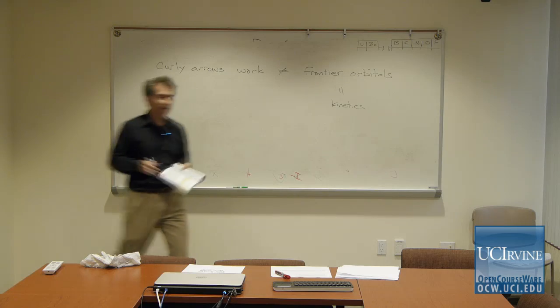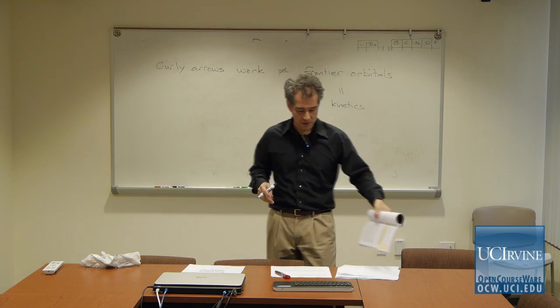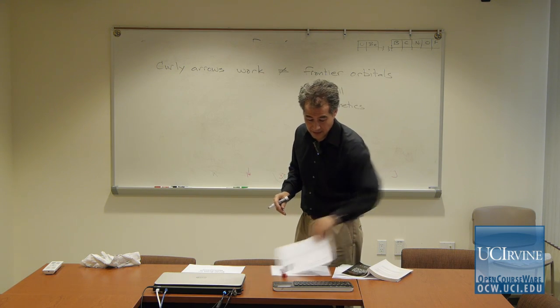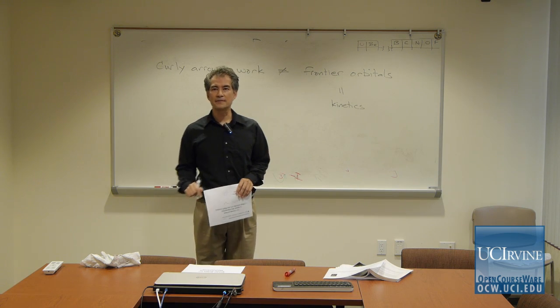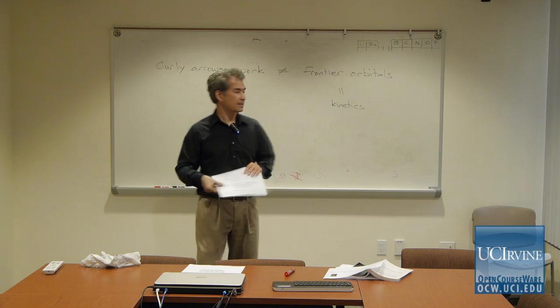So let's set down this central canon of mechanistic arrow pushing. We'll define this so that when any two people in this class draw out a curved arrow mechanism, we're all drawing the same thing.